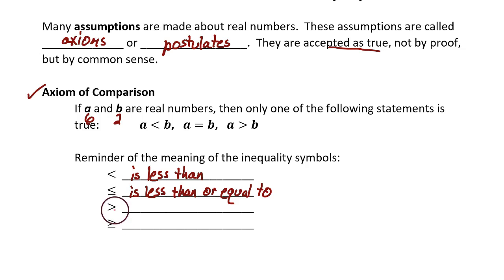This symbol here, which points to the right, is the is greater than symbol. And the last one is the is greater than or equal to.